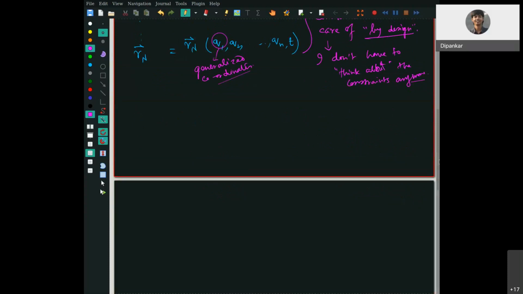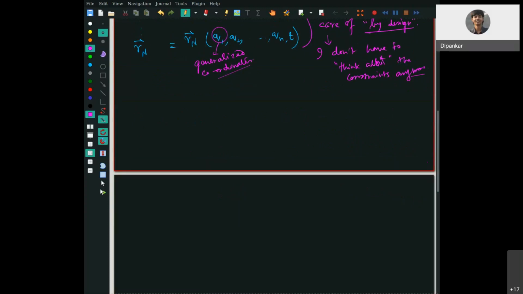Now, to give you an example, consider a particle moving in two dimensions, and this is constrained to move on a circle. Let me draw a circle first. Suppose this is the circle, and somewhere here is the center.